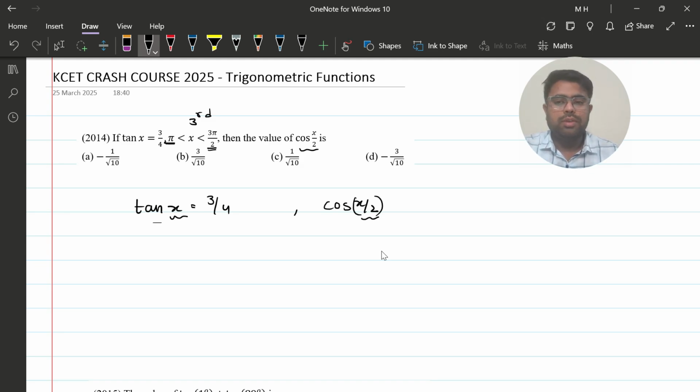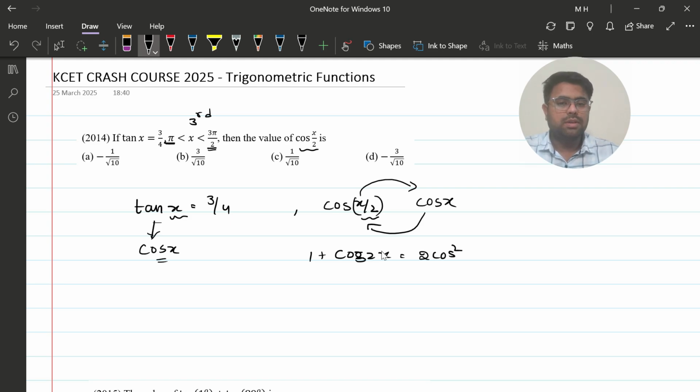Okay, so what we will do is we will express cos x by 2 in terms of cos x. Of course, from tan x we can find out cos x. Once we find out cos x, using cos x we will find out the value of cos x by 2. Fine. So what I am going to do now is, I know one formula that says 1 plus cos 2x is equal to 2 cos square x, right?